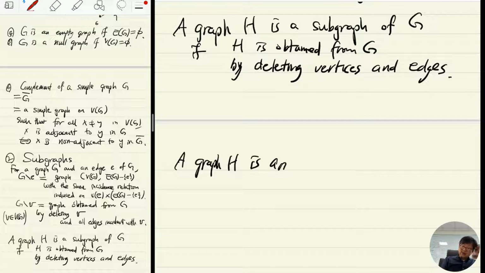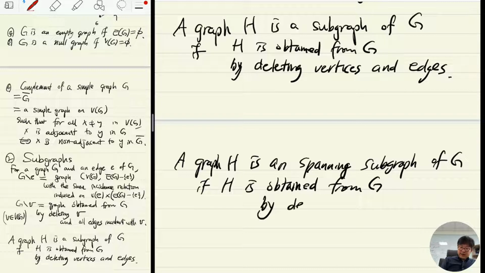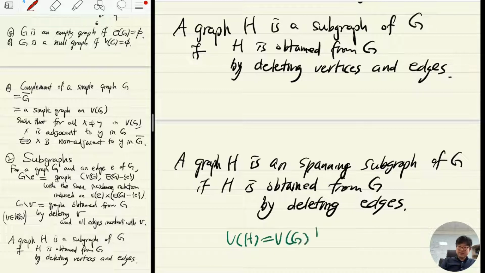Now there are two variations, I mean stronger concepts of subgraph. So what is a spanning subgraph? A subgraph is spanning if H is obtained from G by deleting edges. You didn't delete vertices, so the set of vertices is the same. In this case you have the same set of vertices.